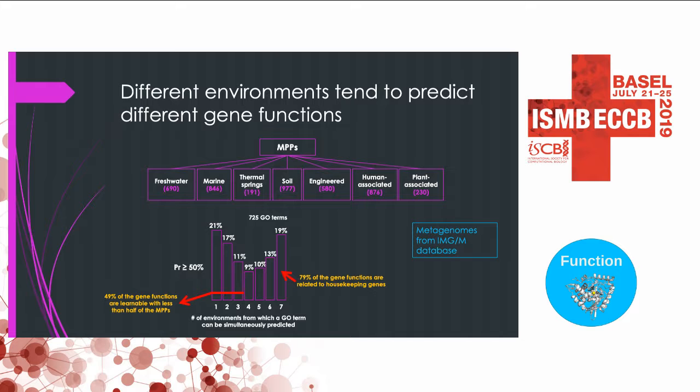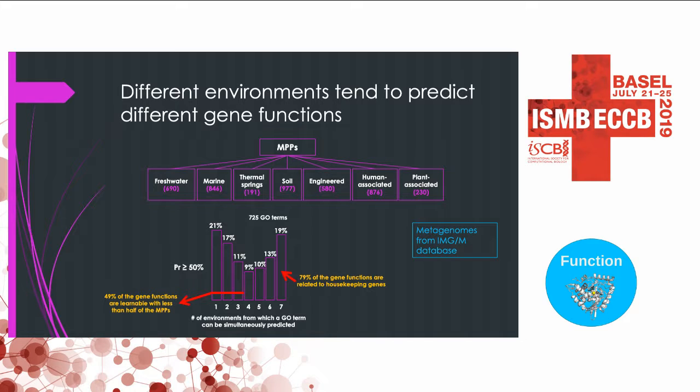So at the precision level of 50%, we can see that a similar proportion of gene functions is learnable solely by a single MPP and simultaneously by all 7 MPPs. Detailed analysis showed that those functions that are learnable by all 7 MPPs, most of them are related to housekeeping genes like DNA repair and translation.